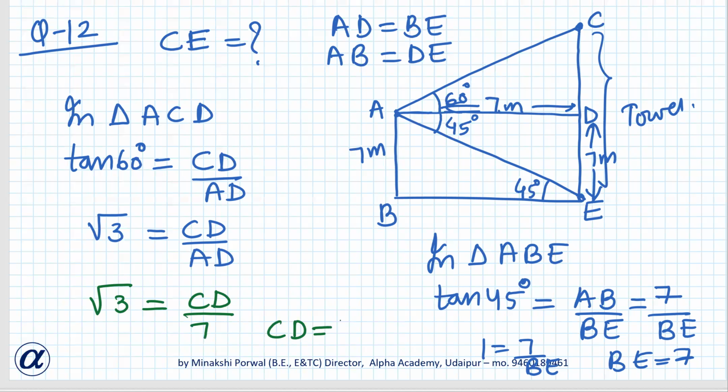So CD is 7√3. We are interested in finding CE. CE is CD plus DE. CD is 7√3 and DE is 7. So this will become 7 into, or I'll write it on the next slide.